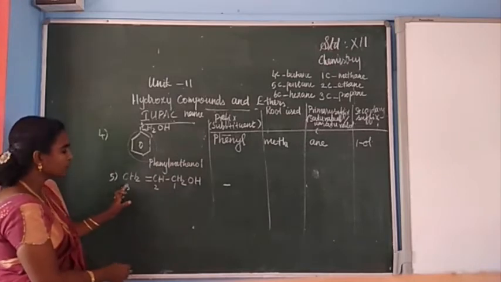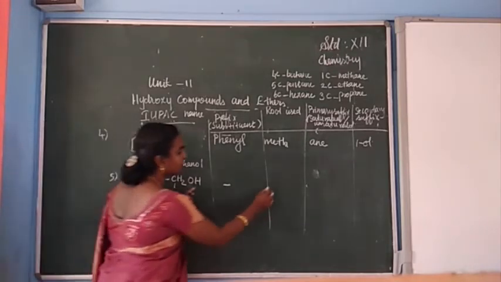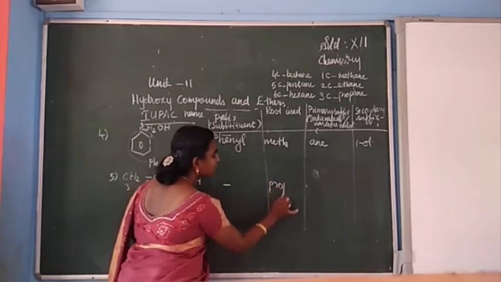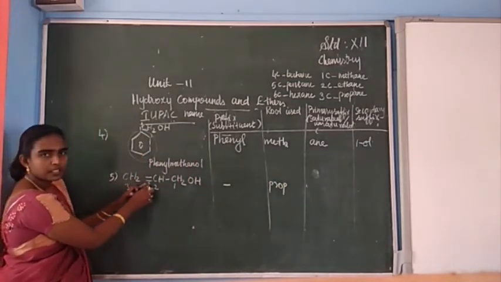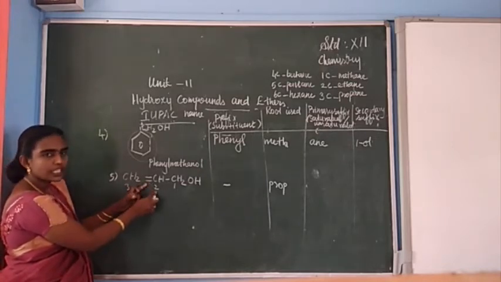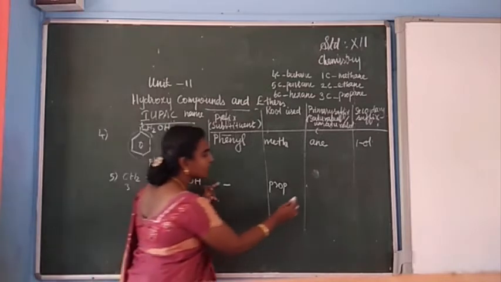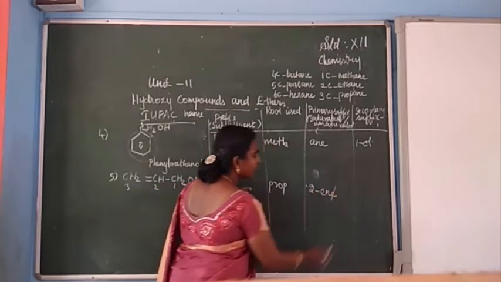Next, root word: 1, 2, 3 carbons, so it is prop. It is having an unsaturation, isn't it? In which position? Second position. So it is 2-ene.